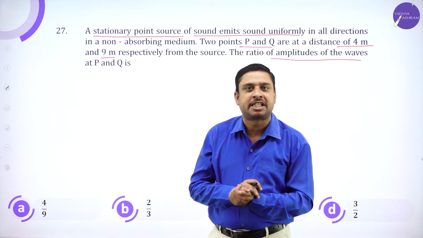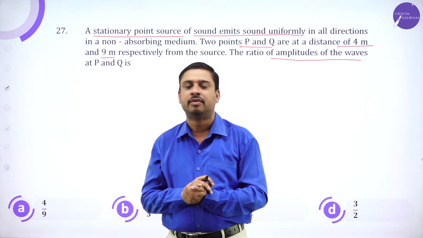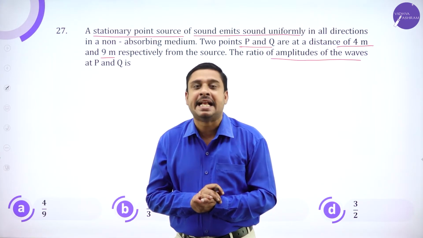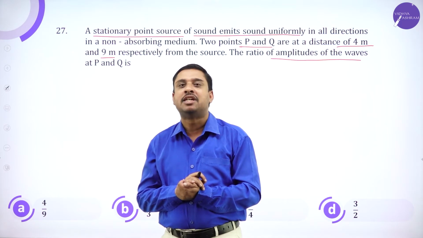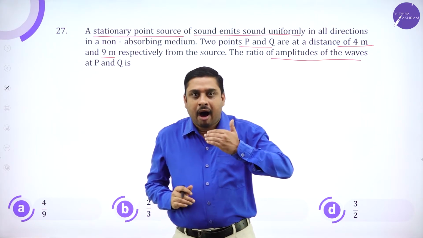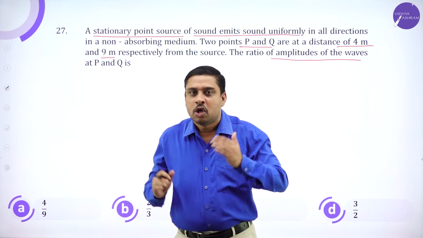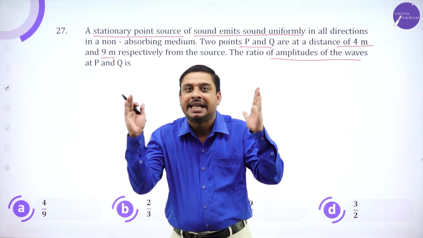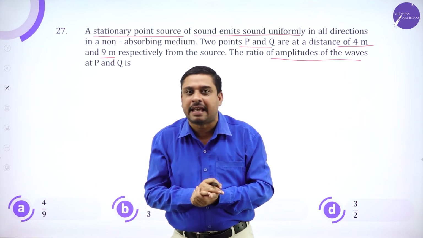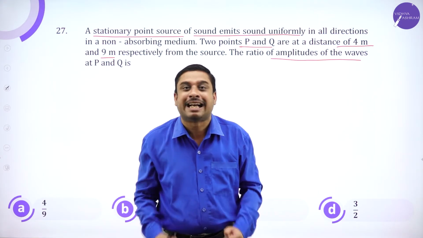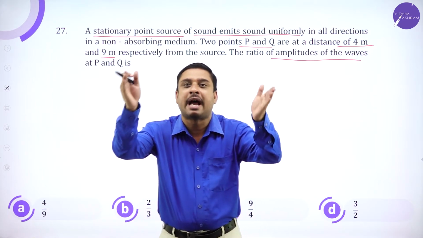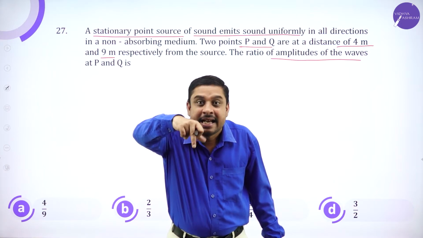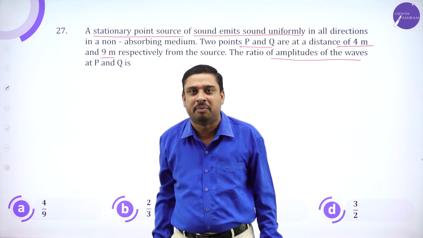My first objective is to understand the relationship between intensity of sound and the source. When the observer is near the source, the intensity of sound is more, right? If we go near a source, the sound is heard loudly, which means distance is less, intensity is maximum.